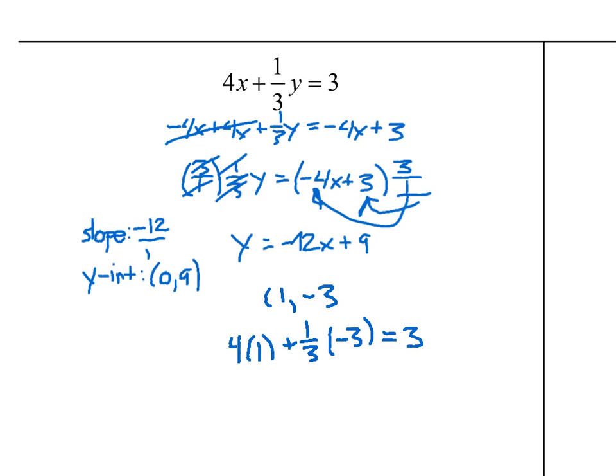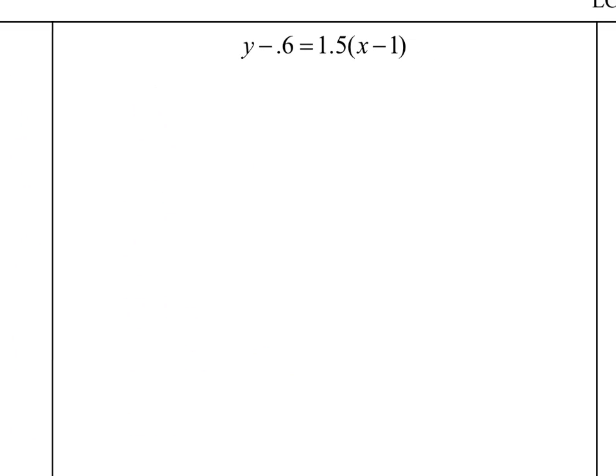All right, 4 times 1, that's 4. 1/3 times negative 3 over 1, that gives me negative 3 over 3, which is just negative 1, is equal to 3. 4 plus negative 1 is indeed 3. We know that we got this problem right. No big deal there. Moving on to the next one.